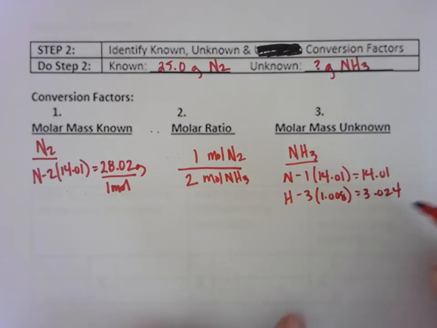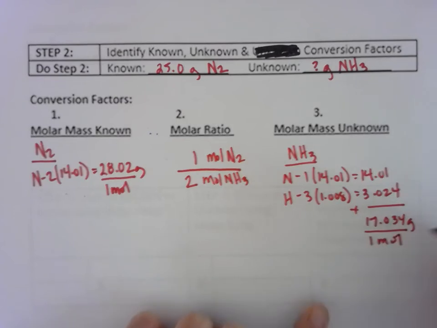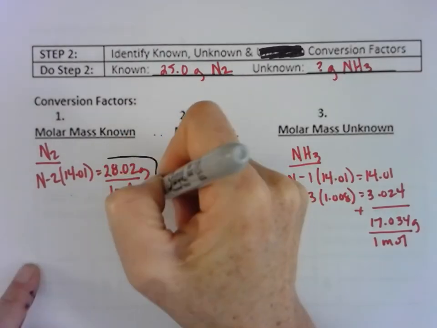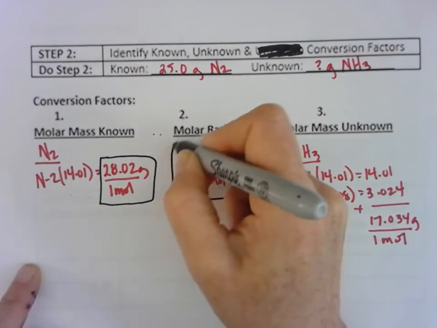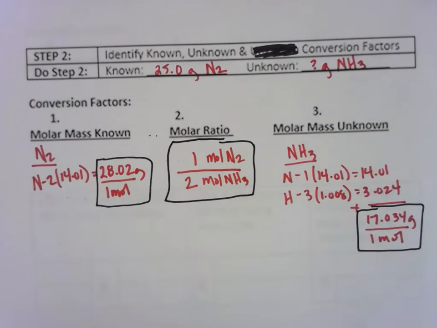I add that together, I get 17.034 grams per 1 mole. Now again, I've watched students box off these conversion factors as well as make them nice pretty fractions. They do better. So we'll do that too. Boom. We have all our bits.